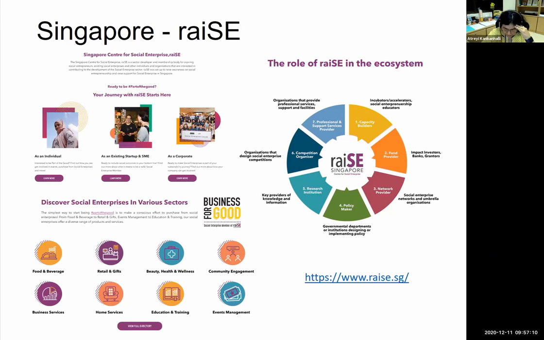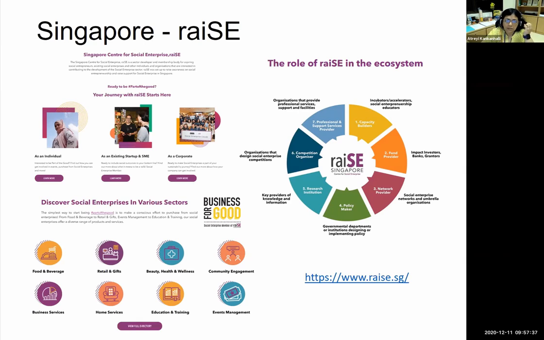This is an events management social enterprise. It mainly provides event services for nonprofits and other social enterprises, and it also makes an effort to employ disabled people, ex-offenders, and so on. So it has a strong social mission.